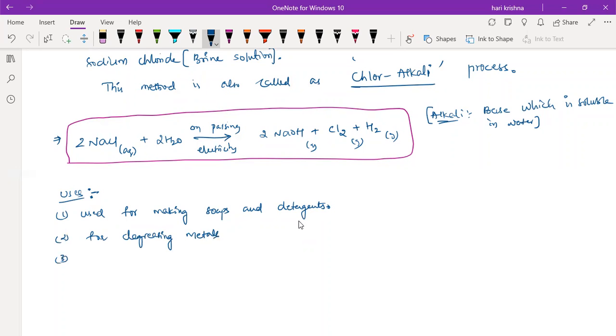Third one, in making artificial fibers. Fourth one, in petroleum refining. And one as a laboratory reagent. Okay, so these are the uses of NaOH.